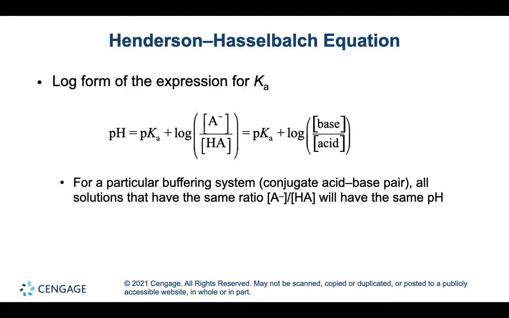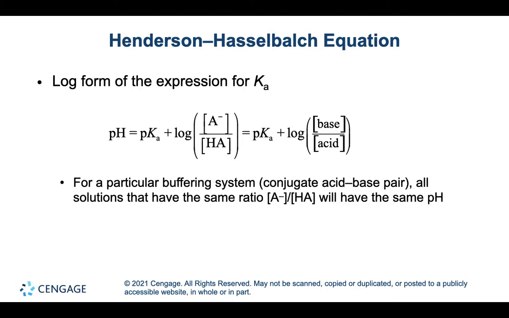If your ratio of A minus and HA is 1, in other words, if the acid and its conjugate base have an equal concentration, you have 1 molar HA and 1 molar A minus, or 2 molar HA and 2 molar A minus, then the ratio A minus to HA is going to be 1, and the log of 1 is 0, so the pH then simplifies to just equal pKa.